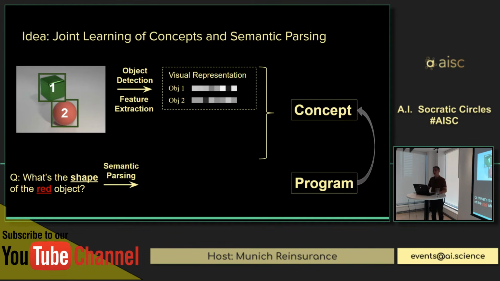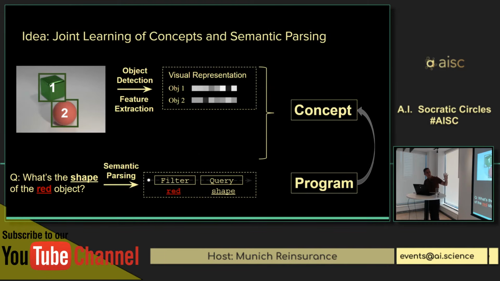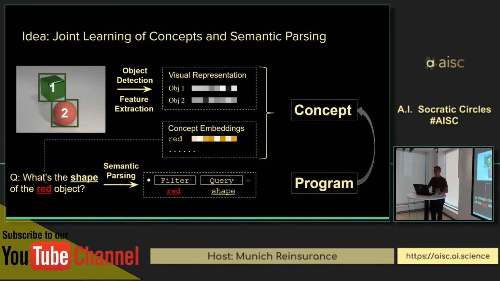We assume that the latent program has been recovered by the semantic parsing model. What it means is, try to think that this program, filter, query, right now it is fixed. So we basically run one trial per each program for the semantic parsing module.